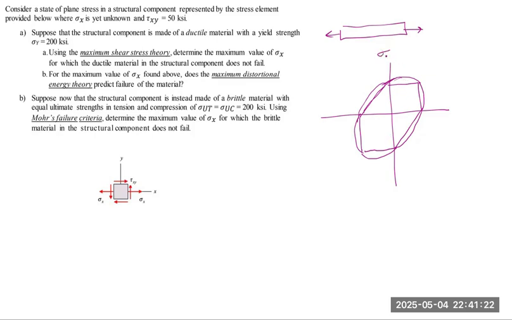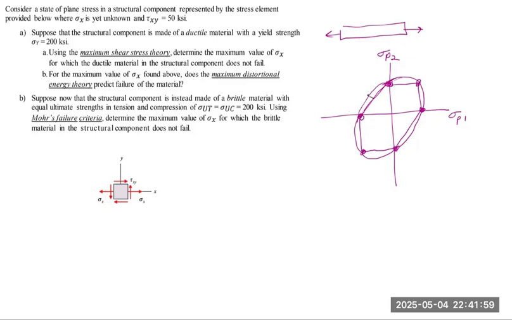this is a graph of principal stress 2 versus principal stress 1. And at these points where the diamond and the ellipse intersect each other, the yield stress values of both theories are predicted to be the same value. So the value at which the yield stress occurs is predicted to be the same regardless of whether we use the maximum shear stress theory or maximum distortional energy theory.